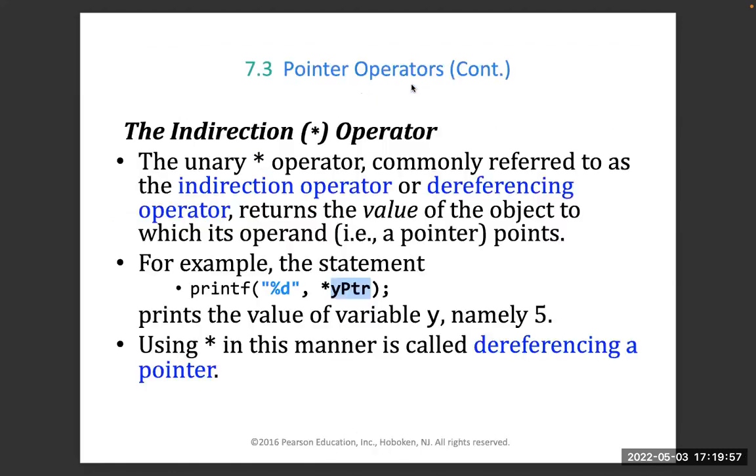So here we will get 5, the value of the variable y. Using star in this manner is called dereferencing a pointer.